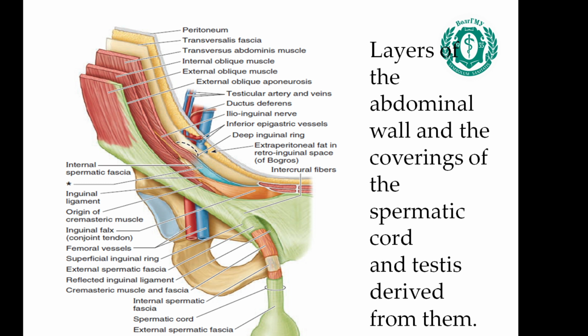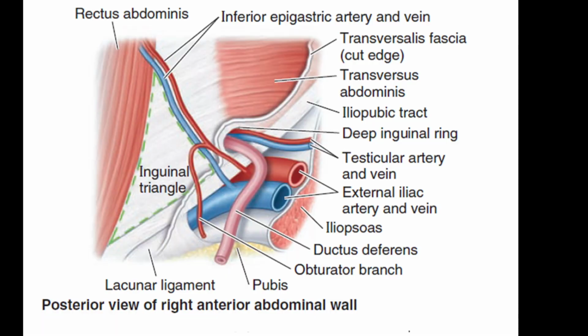Layers of the abdominal wall and the coverings of the spermatic cord and testes derived from them. You can see on this picture the formation of the deep inguinal ring.